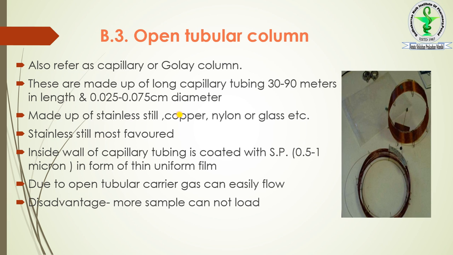It is made up of stainless steel, copper, nylon and glass. They can be made out of anything, and stainless steel is the favored one. The inside wall of the capillary tubing is coated with a stationary phase, 0.5 to 1 micron, in the form of a thin uniform film.